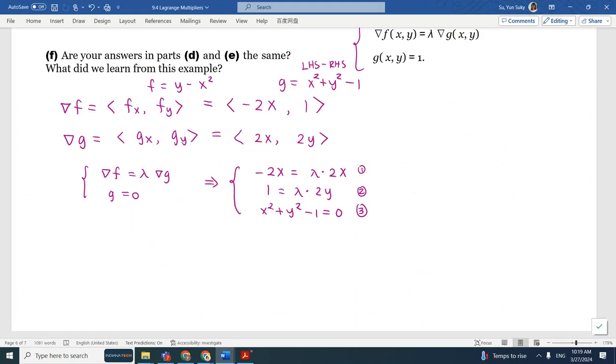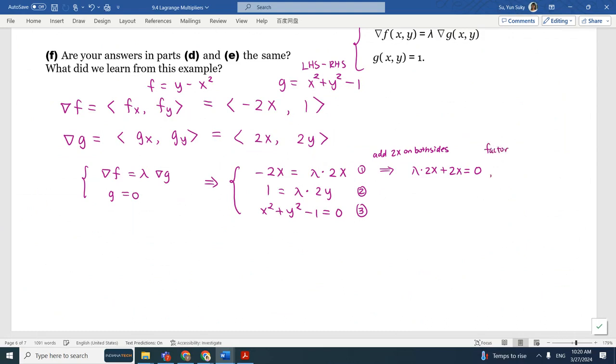Okay, so let's look at number 1. Move all the terms on one side. I will move the 2x from the left to the right, so we add 2x on both sides. Then we get lambda times 2x plus 2x equal to 0. Is that okay, everybody? And now we want to factor.